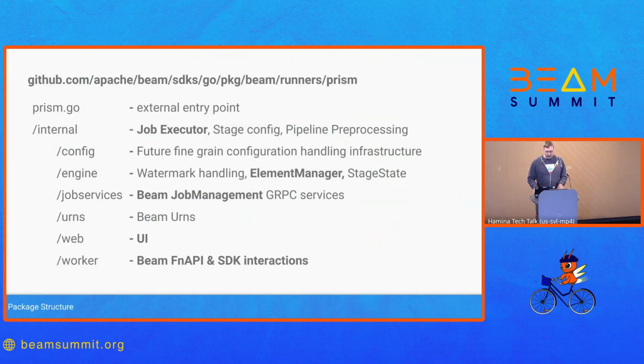So with that in mind, Prism is relatively small in terms of the amount of code that is needed, because it is leveraging a little bit of stuff from the existing SDK, largely coders in that respect.